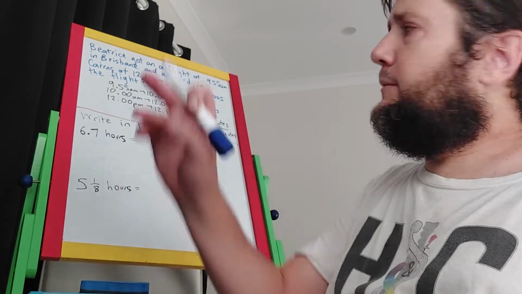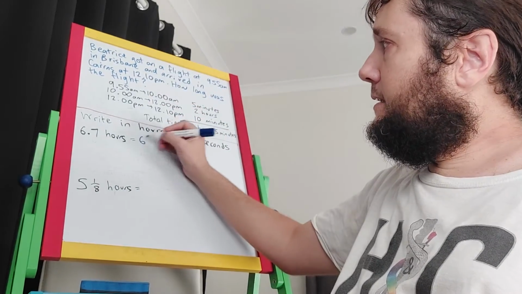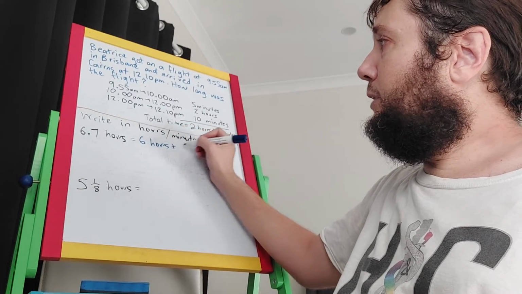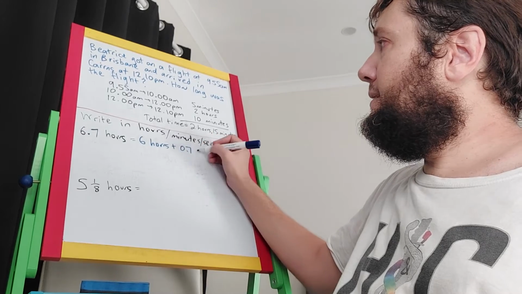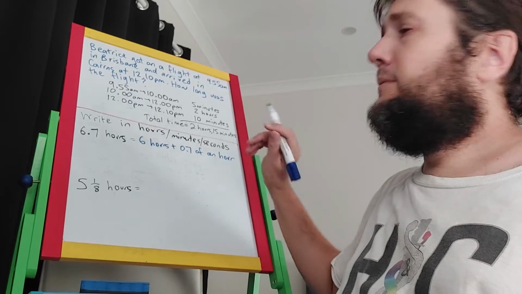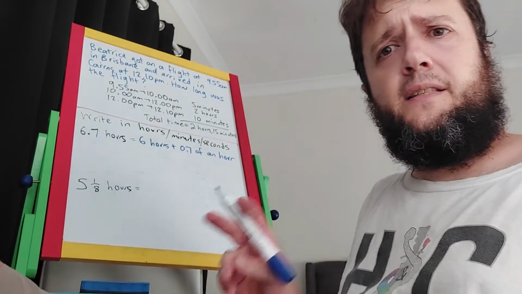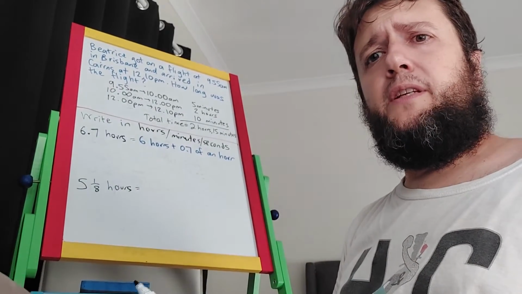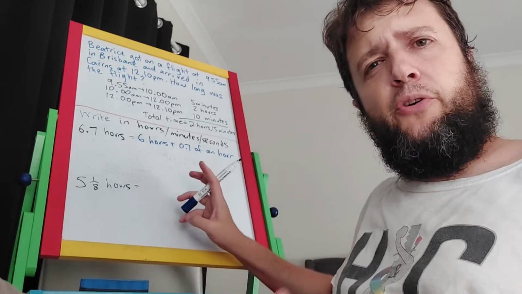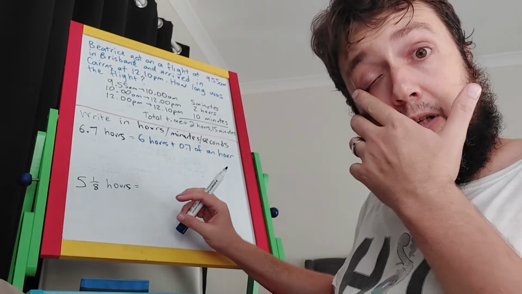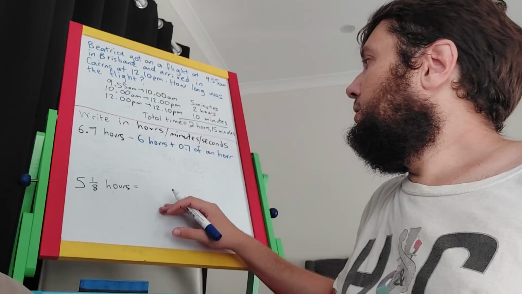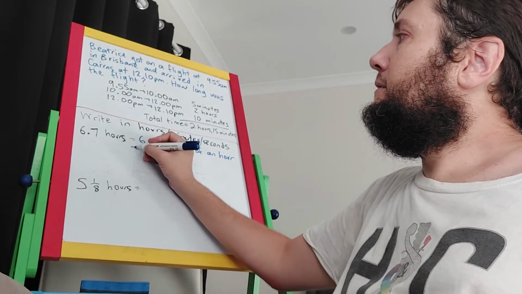So you have to first note that 6.7 hours is a bit of a weird concept. The best way to think about it is to think of it as 6 hours plus 0.7 of an hour. Because 6 plus 0.7 will indeed give you that, right? But this gives you a big key. Remember how the word of always meant something special to us? It always means multiply. This helps you find the number of minutes.